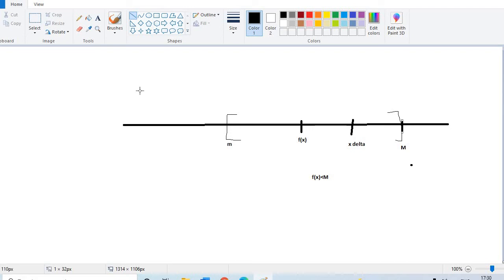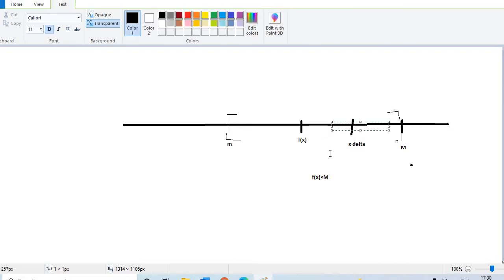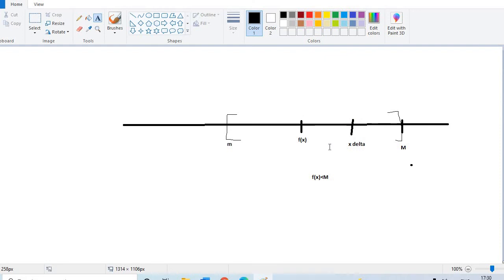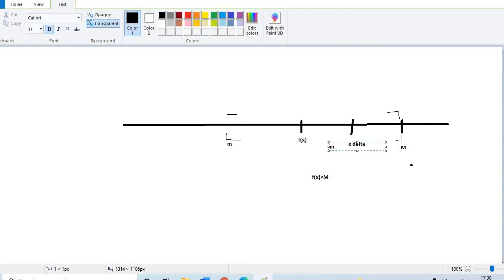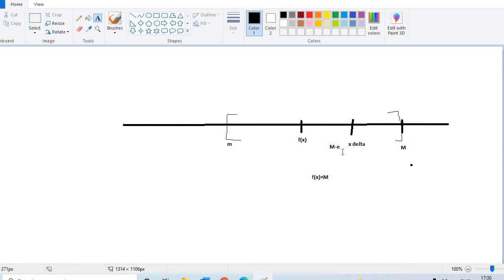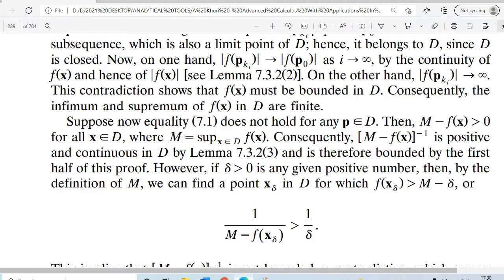Or you can subtract some epsilon value. M minus epsilon. So in between m and m minus epsilon, you can find an x delta in such a way that m minus epsilon is less than f of x delta less than m. Okay.